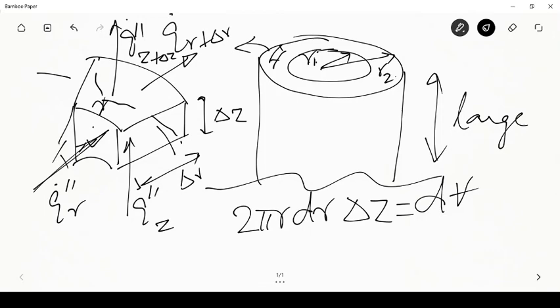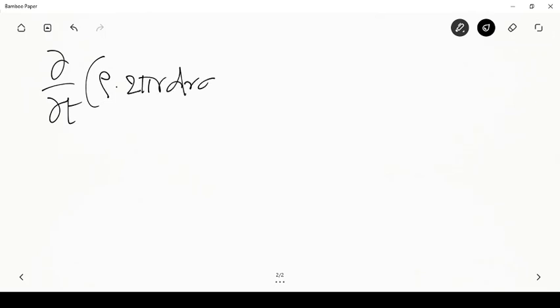Now if I take this and write the first law for this control volume, then I will get del by del t of rho into 2 pi r dr dz multiplied by Cv T. So the bracket should include all of that.